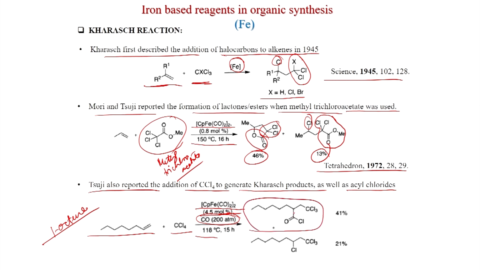This is of course coming from the carbon monoxide, and that is the COCl group coming here, and at the terminal carbon there is CCl3. Earlier also we have seen CCl3 adding at the terminal carbon, and this product forms in 41% yield, and in this product the chlorine is adding and CCl3 is at the terminal carbon. This product is obtained in 21% yield, and this was published in Journal of Organic Chemistry 1970.